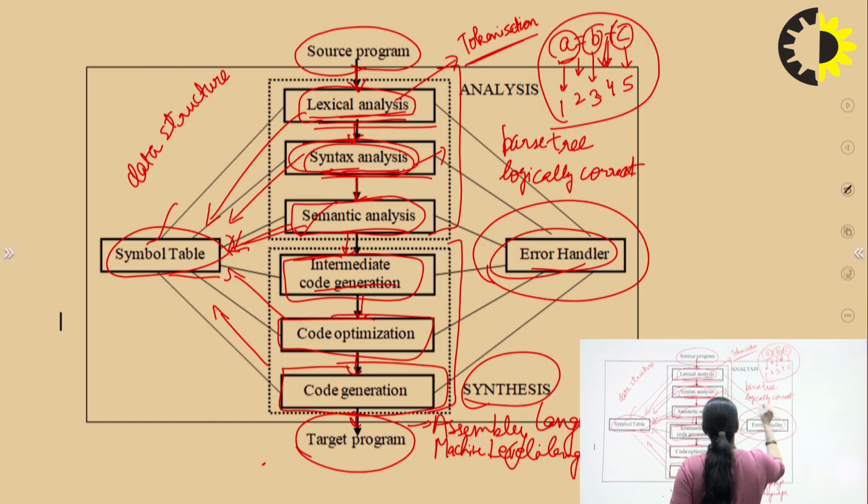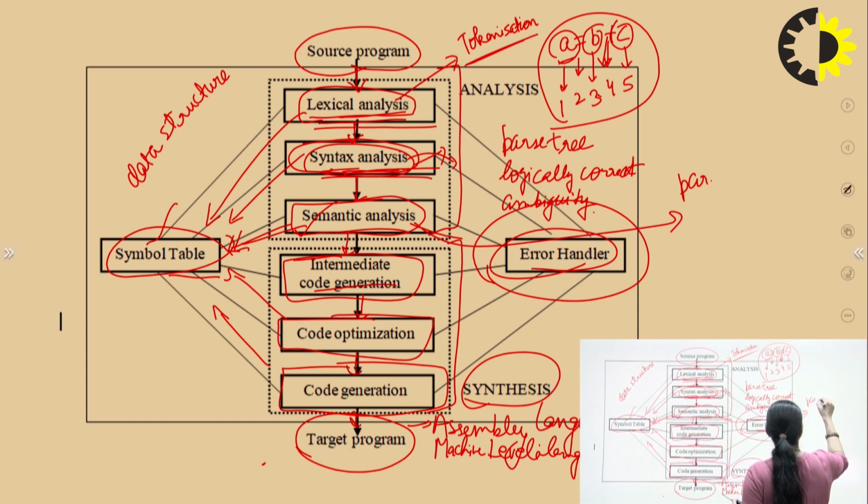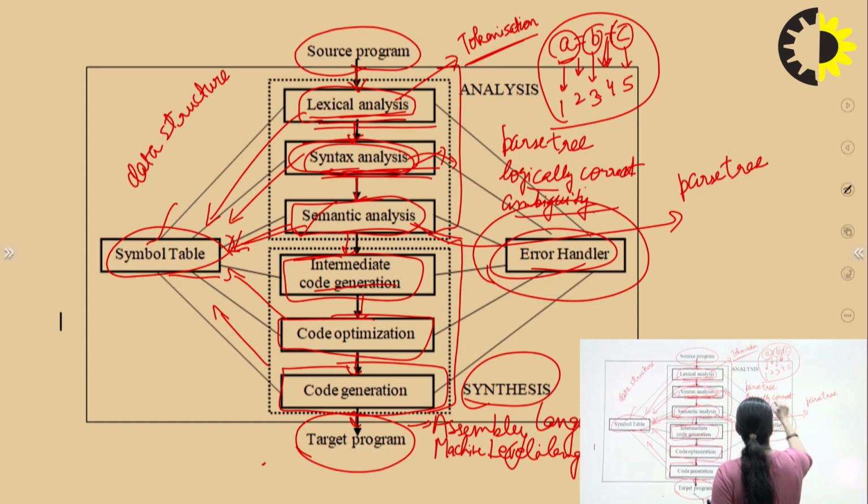This is done in syntax analysis, and we also check the ambiguity, right? And in semantic analysis also, the parse tree is generated by removing all this ambiguity and checking whether the program is logically correct or not.